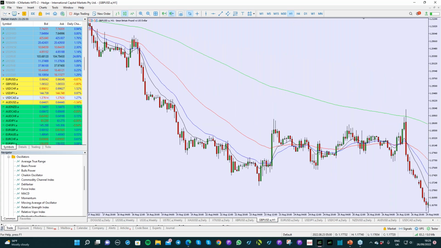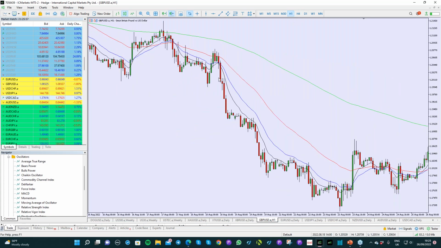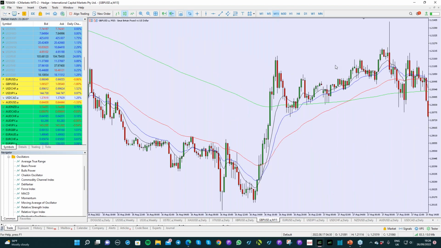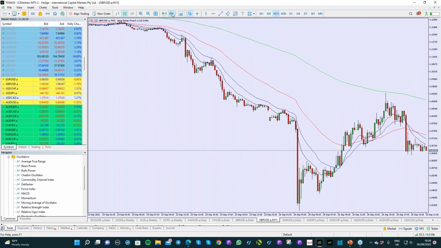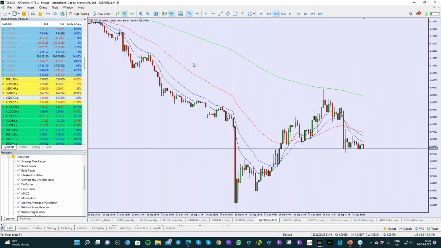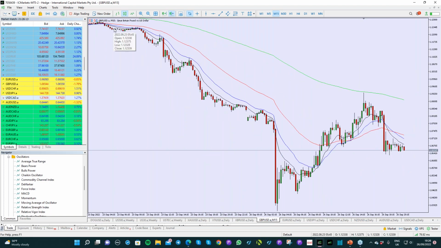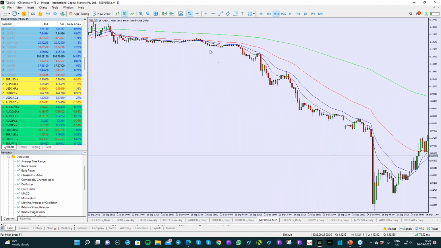Let's go to the 1-hourly time frame, where we can see the same thing happening, price moving in trend and pulling back into the 10 and 20 moving averages for potential entries. I can even go down to a 15-minute time frame, and on the 15-minute time frame as well, I can see price pulling back into that area of the 10 and 20 moving averages.